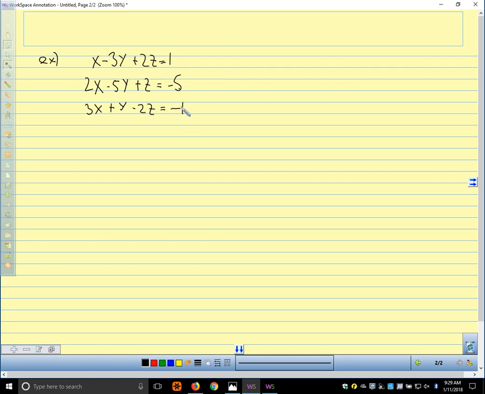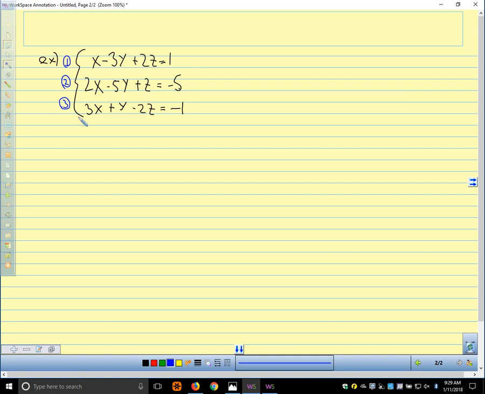Let me make sure that's what I want my system to be. Yes? All right. There's my system. What I usually do to help me keep things straight is I call this row 1 or equation 1, 2, and 3.